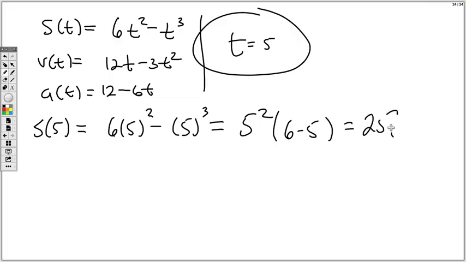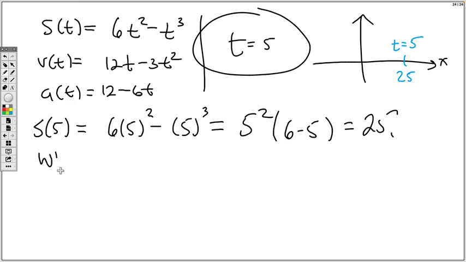Remember, this object is traveling along which axis? It's on the x-axis. So when t is 5, the object is at x equals 25.